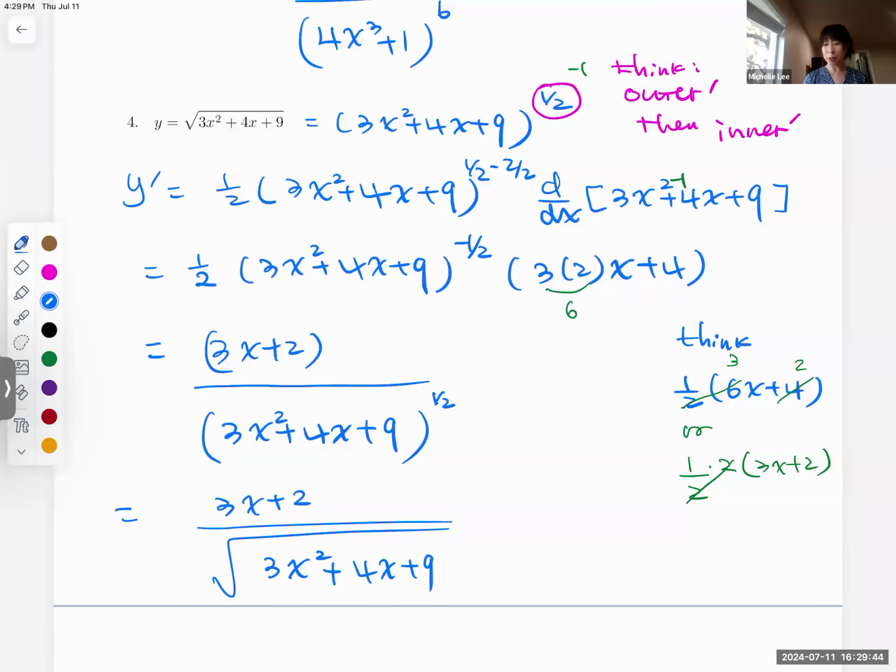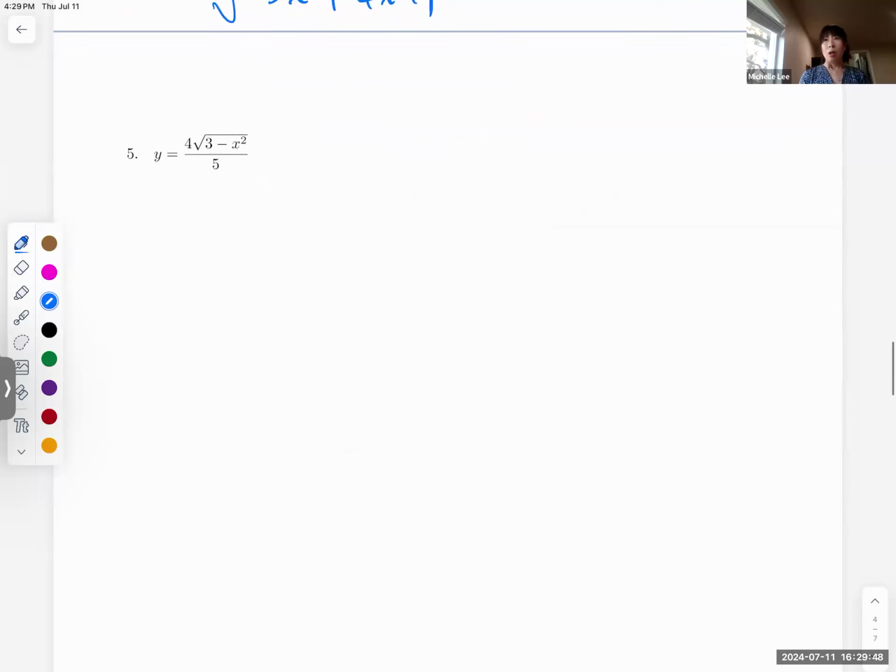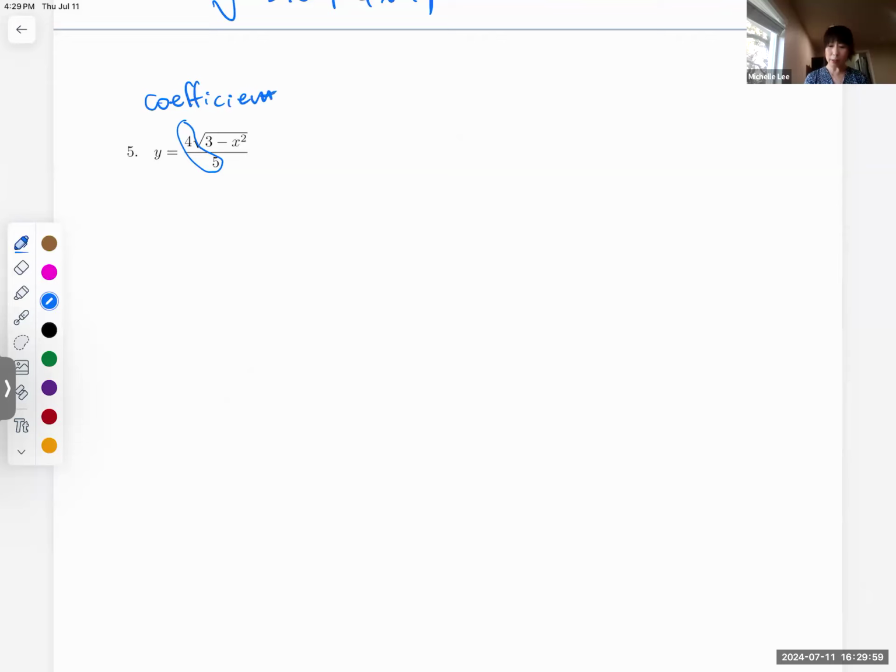Okay, practice more. Look, this is a coefficient, recognize this is a coefficient. And we can express this as a power, right?